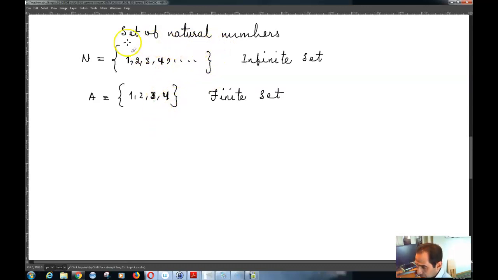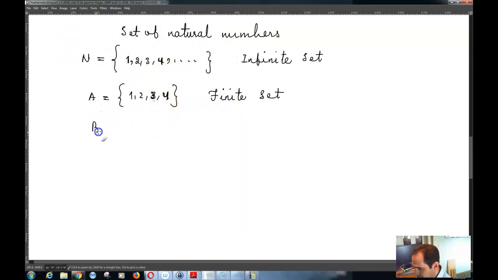Now, of course, a set can contain anything. It can contain, for example, the names of the alphabets of the English language, the names of 5 objects, or the names of 5 people. It can be anything.